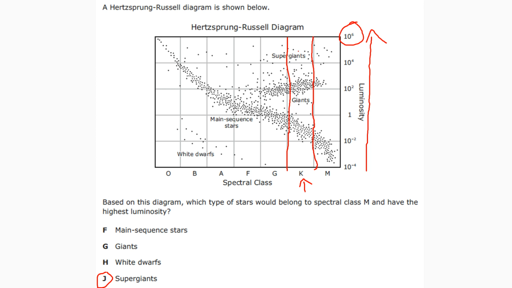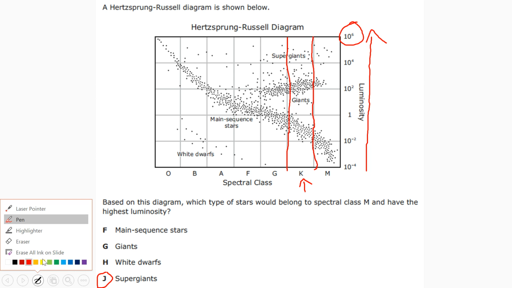The supergiants are at the very top of the HR diagram, meaning they are really bright, and they are also in this spectral class. If we were looking at spectral class O, it would have to be our main sequence stars up here. But you can only look at spectral class K for this question. Oh, wait. The question says M. I gotta erase all this.